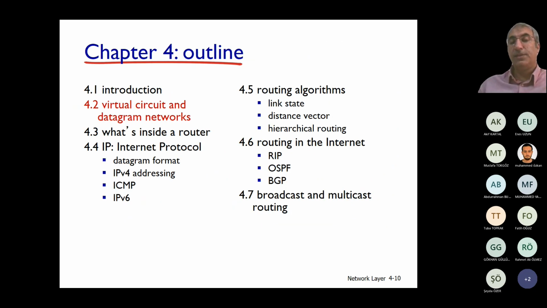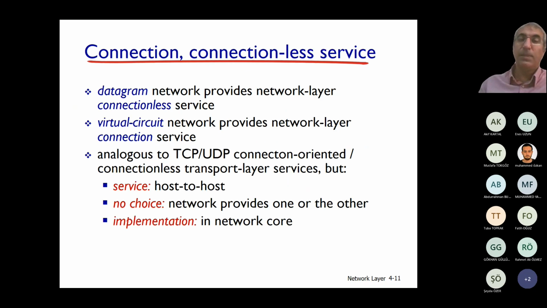Okay, after this introduction, we are now ready to dive into the details of the network layer, starting with virtual circuit and datagram networks. The first topic is connection and connectionless service. Datagram networks provide a connectionless service at the network layer, and virtual circuit networks provide a connection service at the network layer.